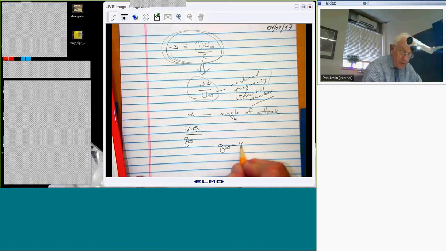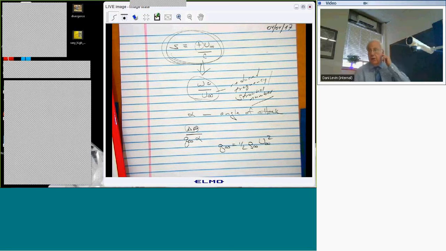It's 1/2 rho infinity times U infinity squared. And because this is a linear system, we're also going to divide by alpha because everything will scale with alpha. If I did 1 degree, I get an answer. If I did 2 degrees, I get the same answer, but twice as big, right? This is the linear system. So by non-dimensionalizing this way, the result basically doesn't depend on alpha, right?